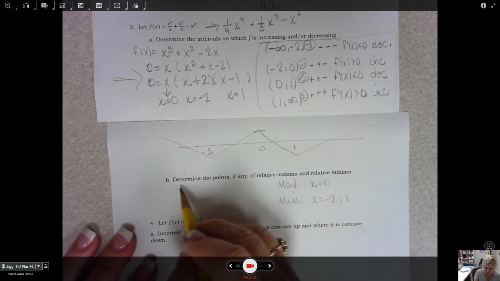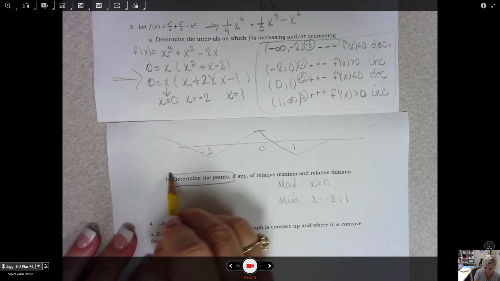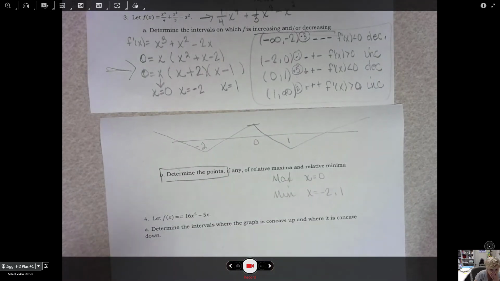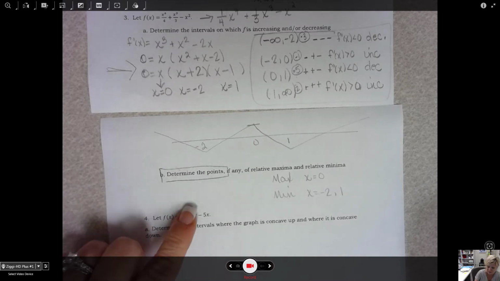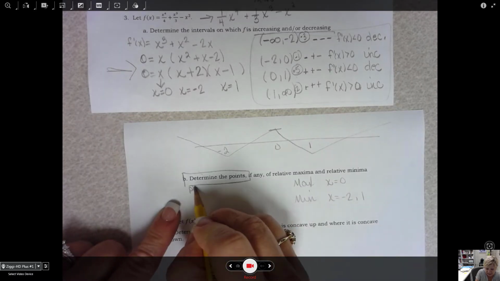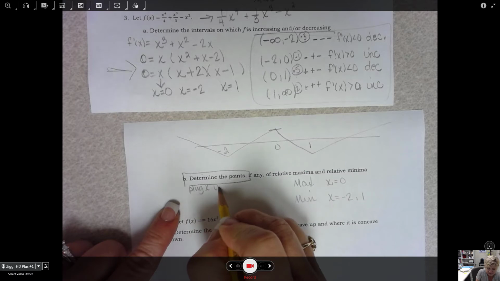This is asking to determine the points of relative max and min. You could find the exact values, the points themselves, by plugging x into f of x.